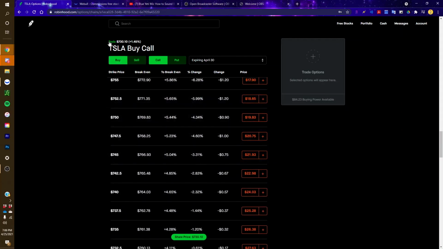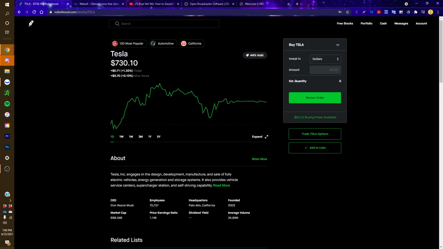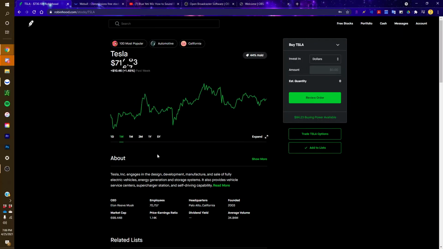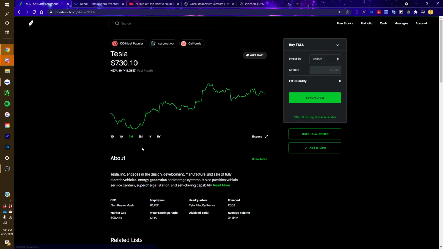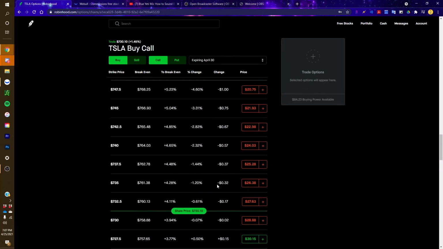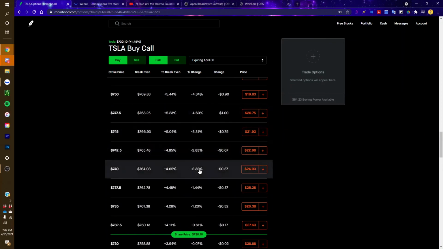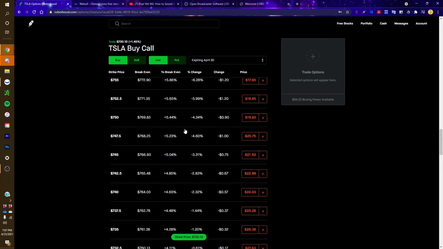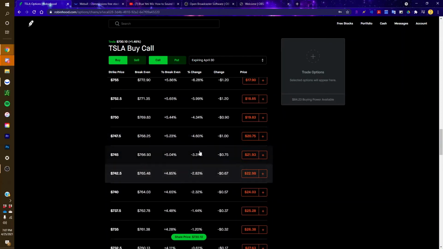Like, let's check out Tesla. It moved $9 on one day, moved $10 last week, which wasn't much of a movement at all. But in 1 month, it moved $75. So $75 is pretty drastic for a stock in 1 month.